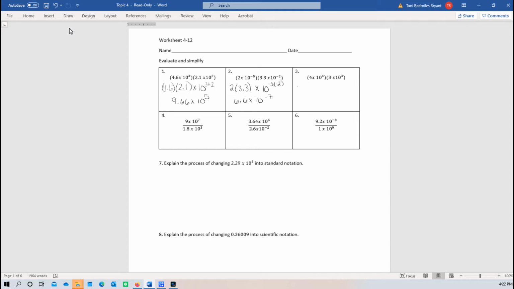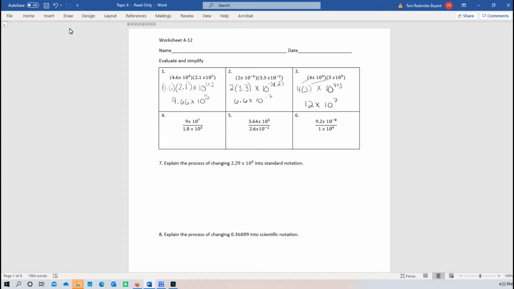All right, in this one, we want to multiply the 4 and the 3, and we use our product rule, 4 plus 3, for our exponent. That's going to be 12 times 10 to the 7th.